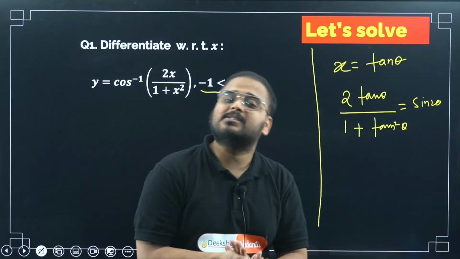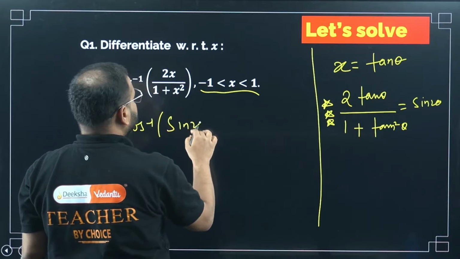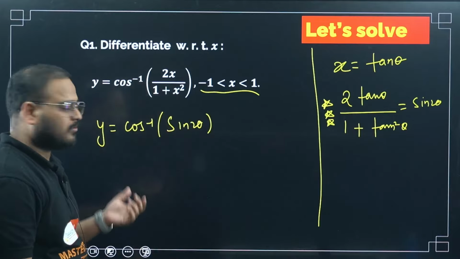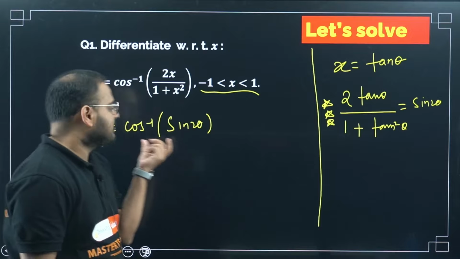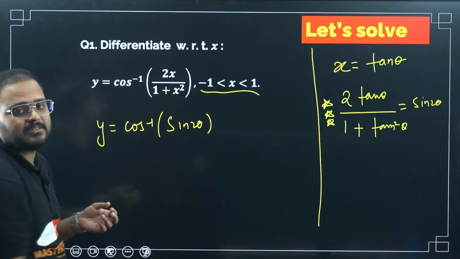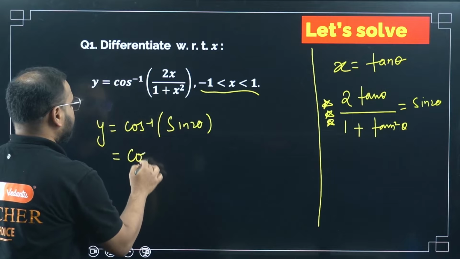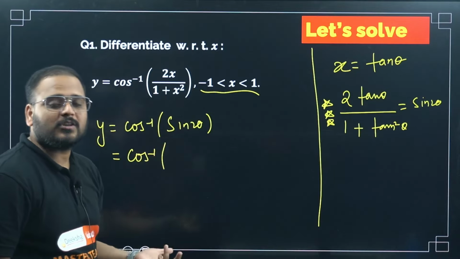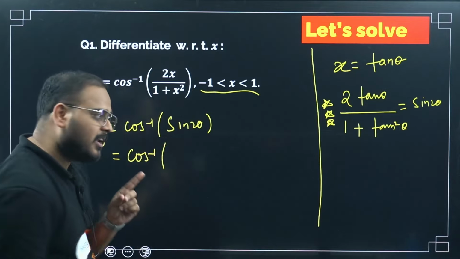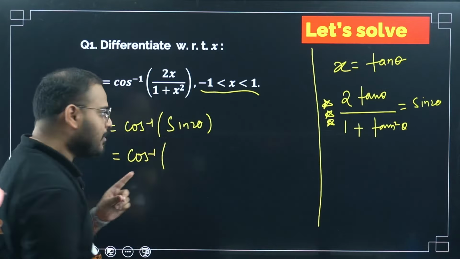But even if I replace it, there's not much difference, because we cannot operate cos inverse on sine. I can move ahead and write sine in terms of cos, because sine and cos are complementary functions.